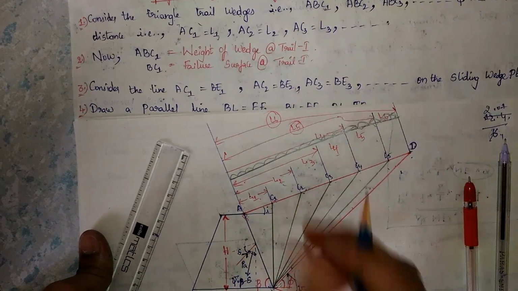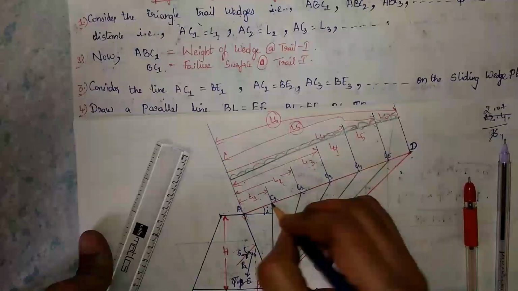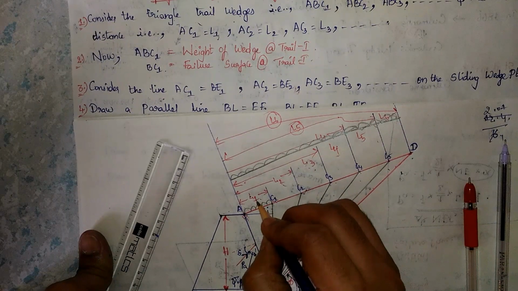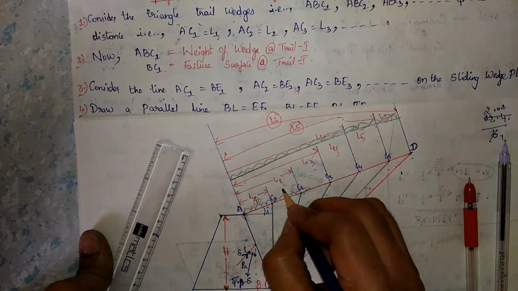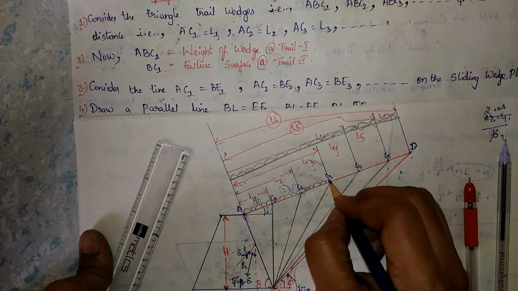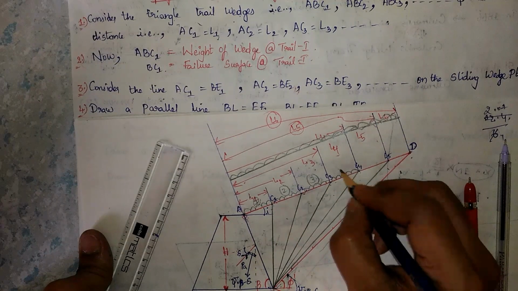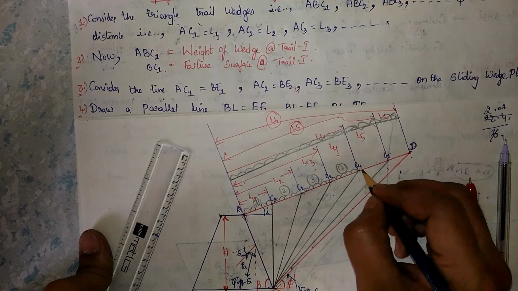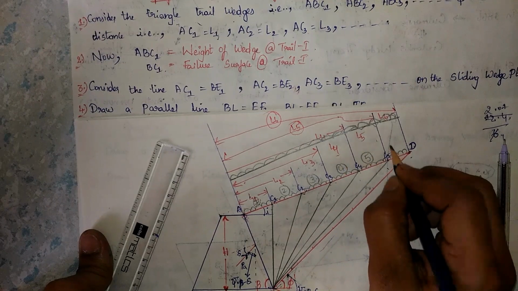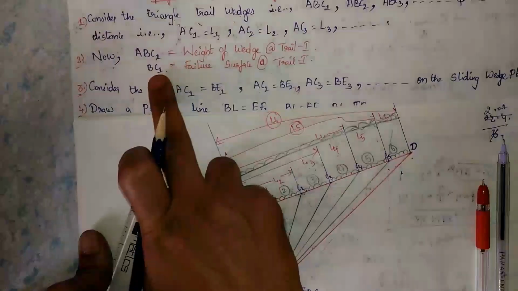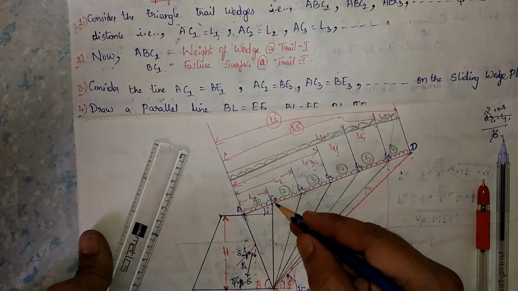So he has separated the different loads: number 1 loading, number 2 loading, number 3 loading, number 4 loading, number 5 loading, number 6 loading. Next, BC1 is the failure surface at trial 1.